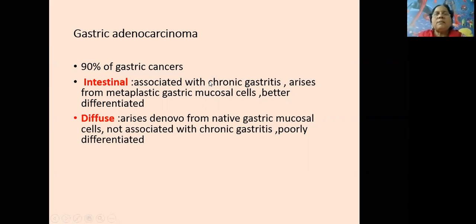It arises from metaplastic gastric mucosal cells, and it is better differentiated. You are able to find the glandular structures. The diffuse type doesn't arise from the native metaplastic cells. It is not associated with chronic gastritis, and it is poorly differentiated. You may not be able to find the glandular structures.